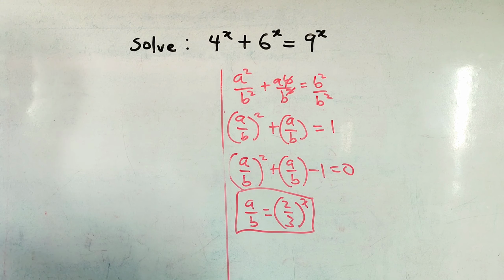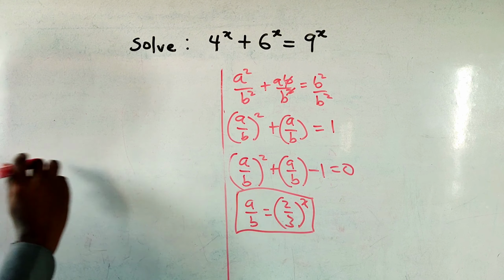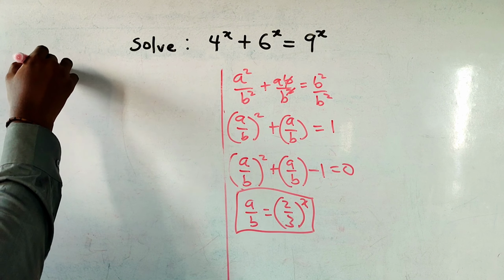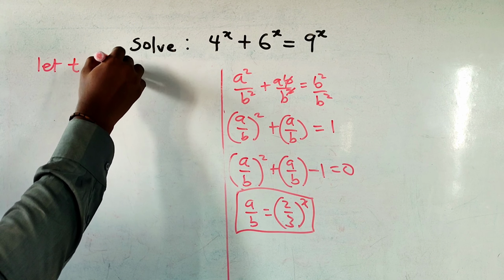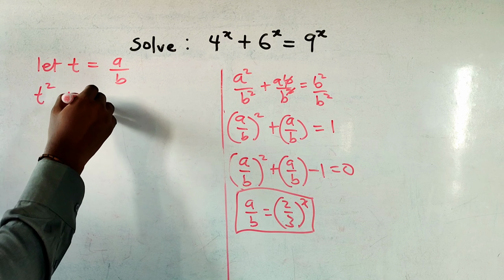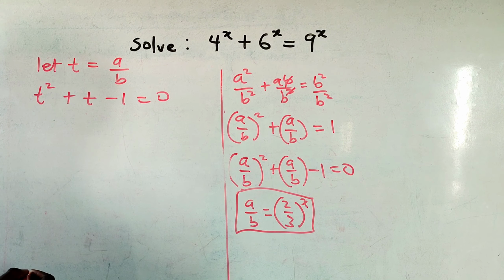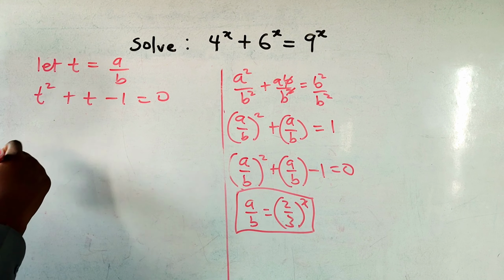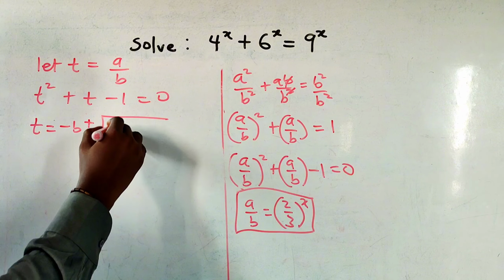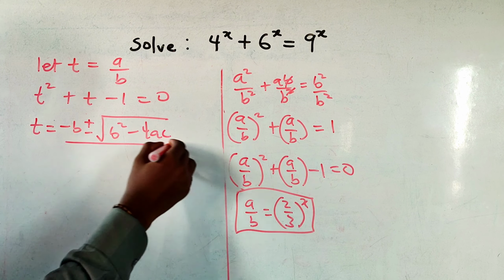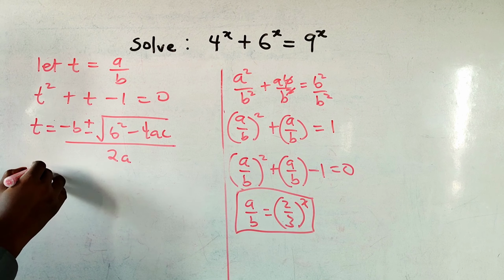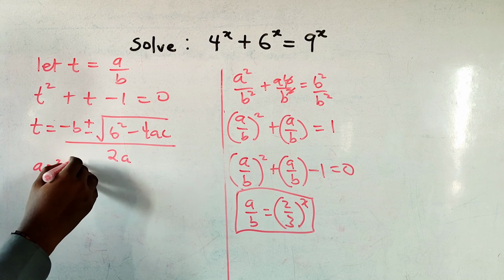Okay, so continuing from this point, we say let t equal a over b. So this becomes t squared plus t minus 1 equals 0. Now this is quadratic like we said earlier. Let's use the quadratic formula: minus b plus or minus the square root of b squared minus 4ac, all over 2a. The general quadratic form of an equation is this.